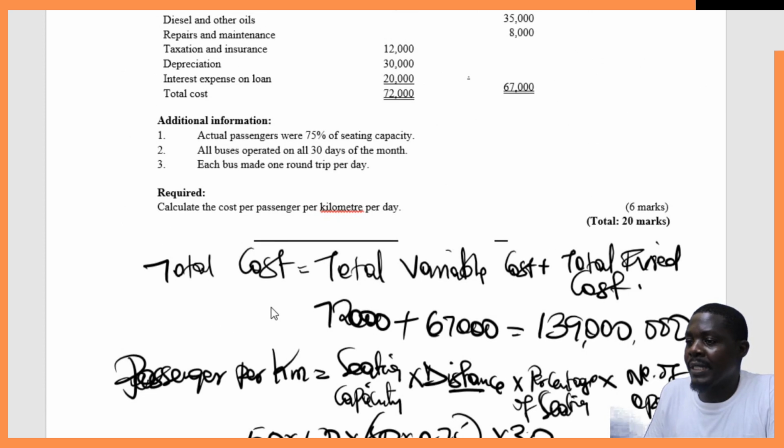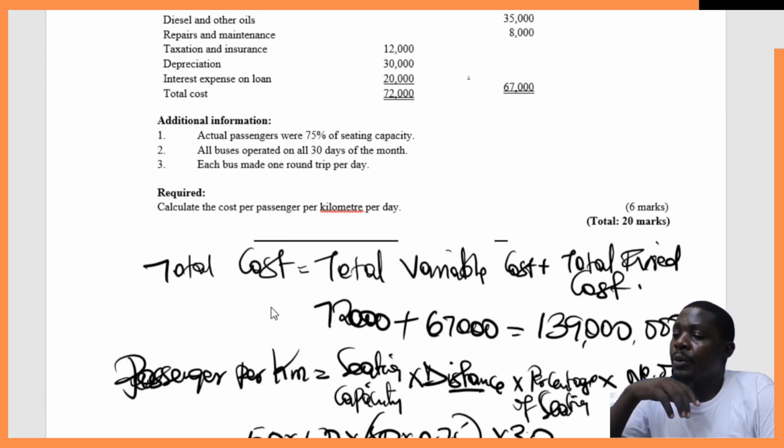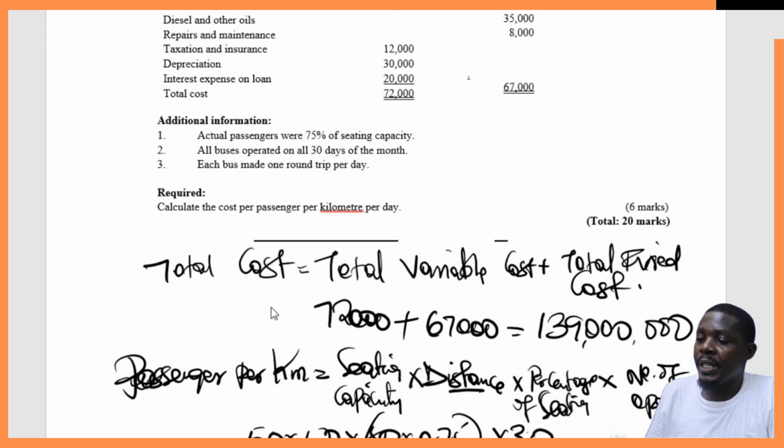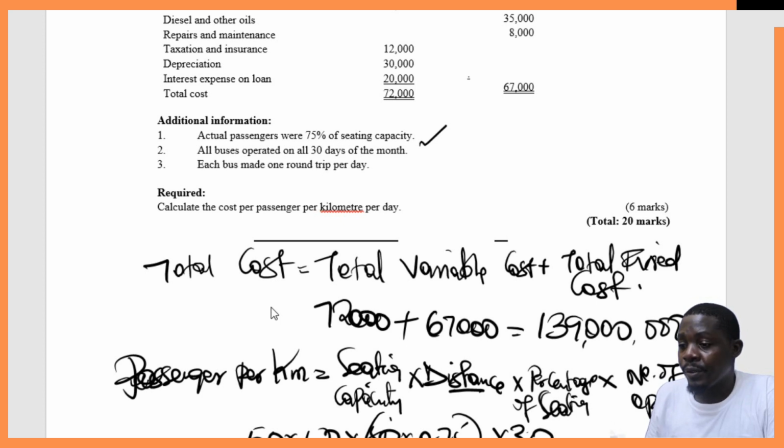As long as you can separate the variable cost and fixed cost, add them together, we get the total cost. Then we determine the passenger per kilometer, where we took 50 multiplied by 50, with the seating capacity filled at 75 percent, so that we see how many were in that bus.